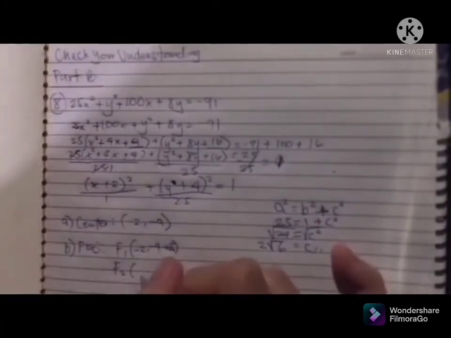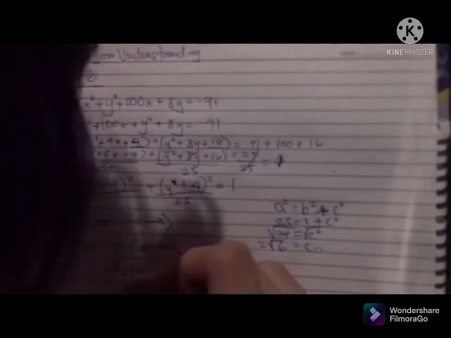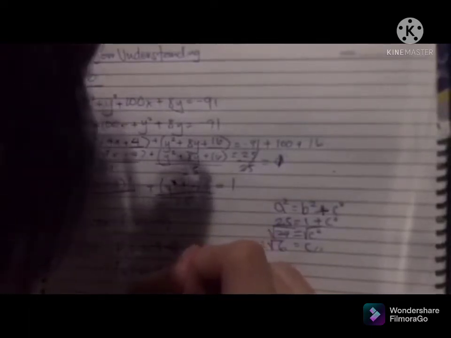Our c is 2 square root of 6. For our F sub 2, like in the F sub 1, we have negative 2, negative 4, and the c becomes positive 2 square root of 6.